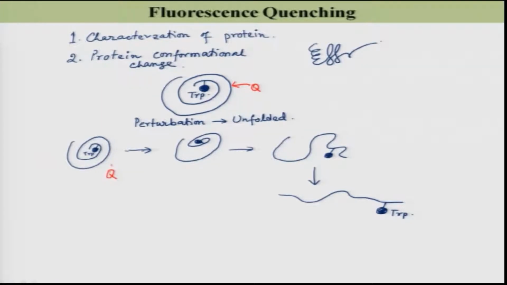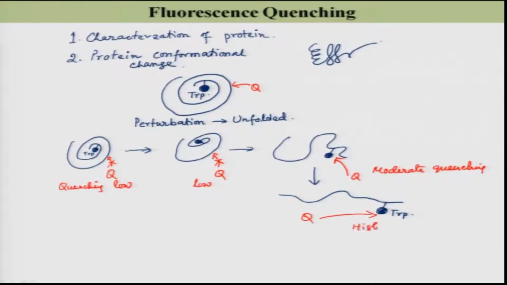In this case the quencher cannot interact with this tryptophan, here also it cannot, but here somewhat it can, and here the interaction with the tryptophan is quite easy. So, if I do this quenching experiment, here the quenching will be low, here also low, here moderate quenching, but here I will get high quenching of fluorescence.